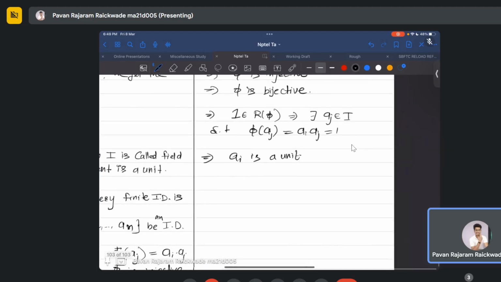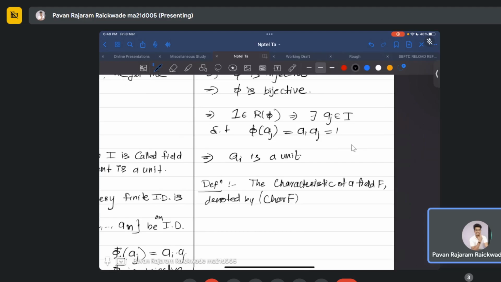Okay. So now the next thing is to define what is called the characteristic of a field. For any field f, the characteristic of a field is denoted by char of f.